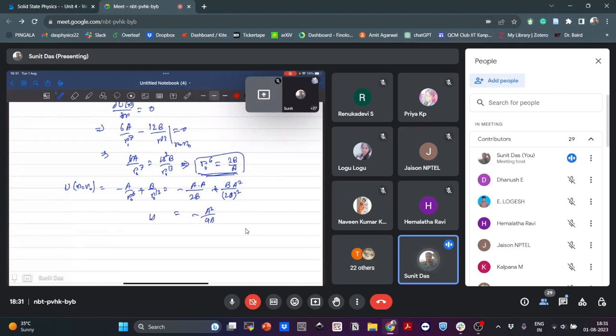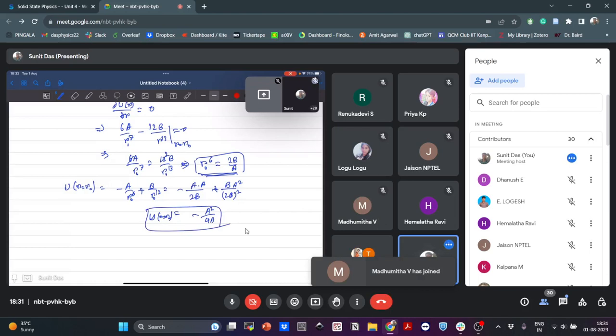You notice that at equilibrium the potential energy is negative, as it should be, because negative potential energy essentially means there is attractive force between two atoms separated by r naught. That's why it is the equilibrium.